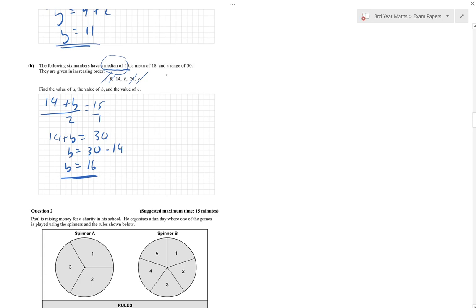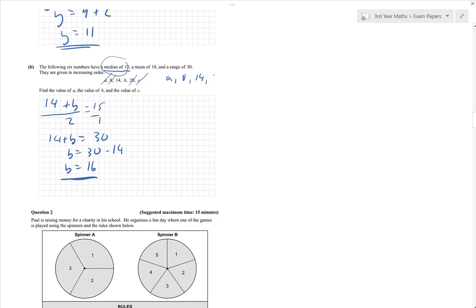So now we'll write out our numbers again. A, 8, 14, B, 16, 26, and C. Now again, if you didn't have any clue what to do in this question, if you even made some sort of intelligent answer, like you know A is below 8, so if you wrote a number down for A that was lower than 8, you would get some marks.